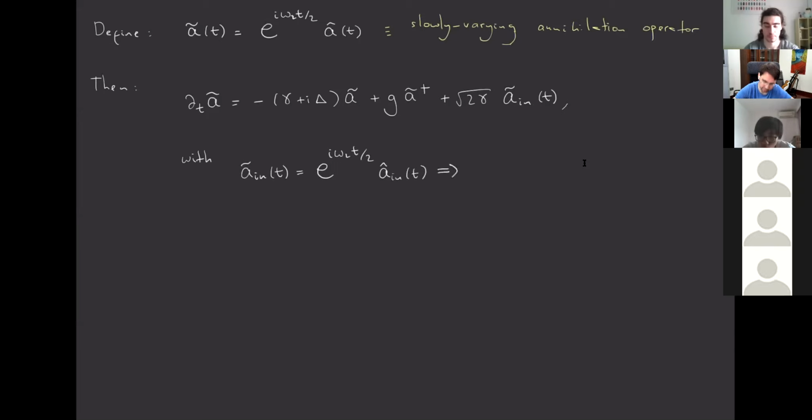But what's interesting is that since the input operator is delta correlated, okay, then this slowly varying input operator satisfies exactly the same correlation or statistical properties as the original one. So in particular, these ones in here. Okay, and the same if we put the dagger in here. So essentially we get exactly the same equation as we had, but without time.